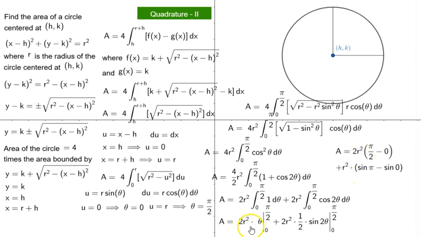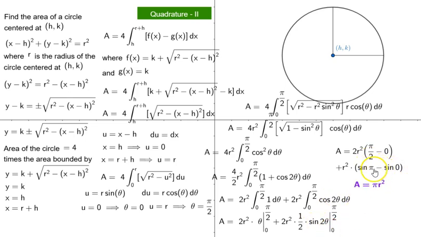Taking care of the limits, we get 2r square, which is common, times pi by 2 minus 0, plus 2 and 2 cancels out, r square times sine 2 pi by 2, that is sine pi, minus sine 0.